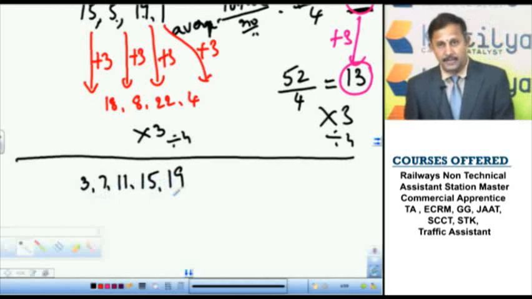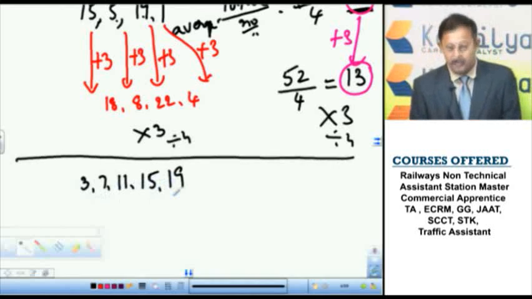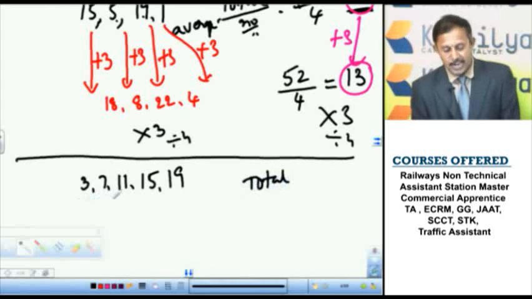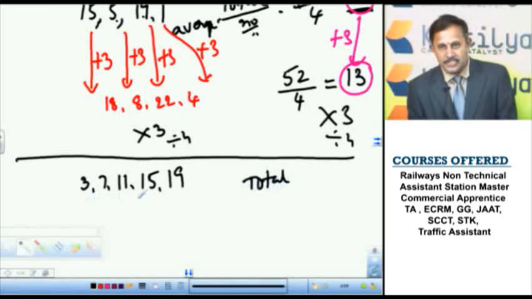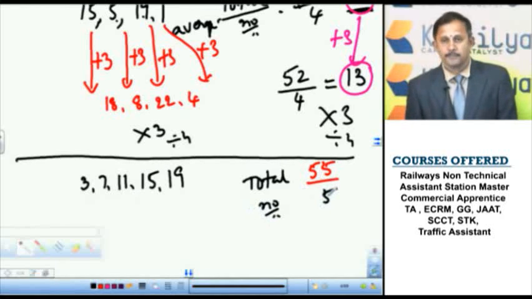What is the total for all these 5 elements? 3 plus 7, 10, 10 plus 11, 21, 21 plus 15, 36, 36 plus 19, 55. So here the total is 55. What is the number of elements here? 5.